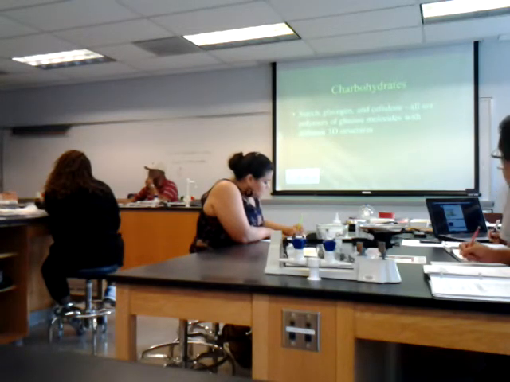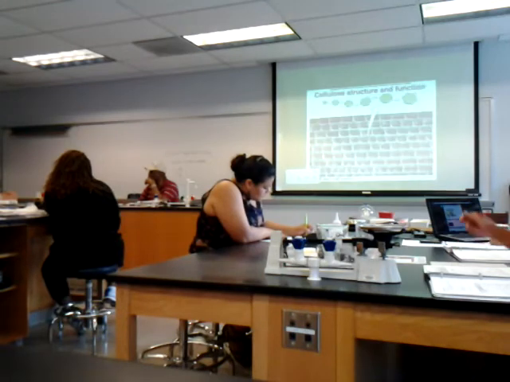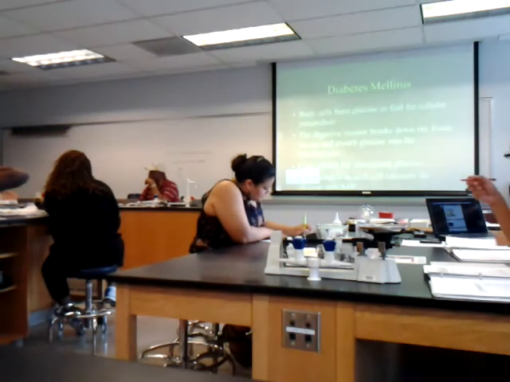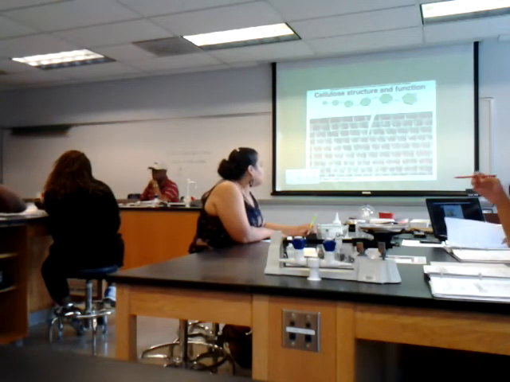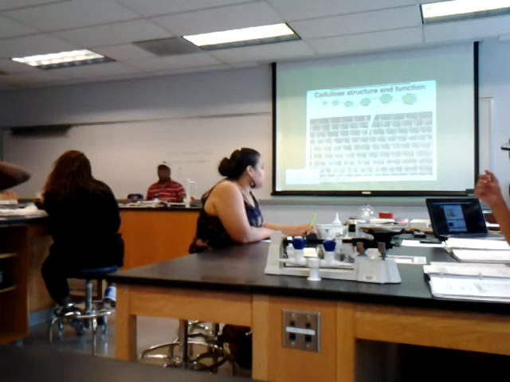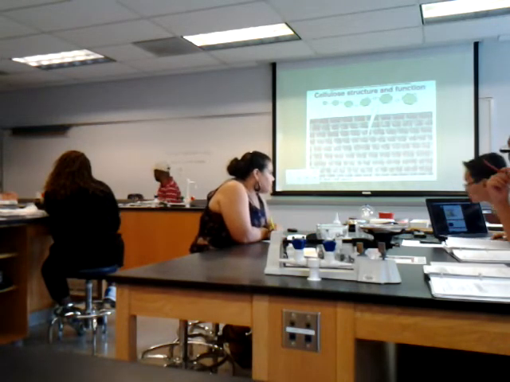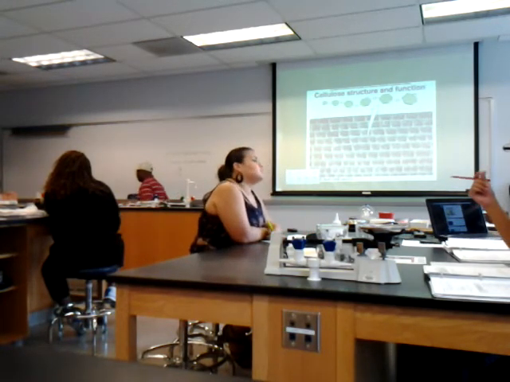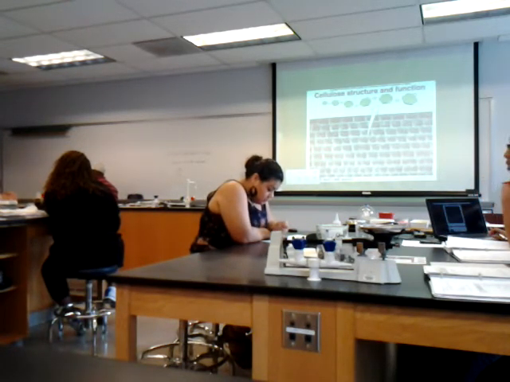And if you want to build them from scratch, from the monomers, what sort of reaction will that be? Let's build a disaccharide. Let's say we want to build the disaccharide lactose.